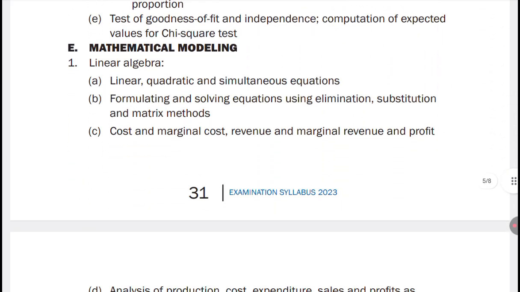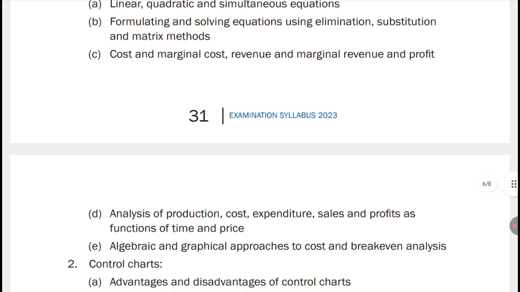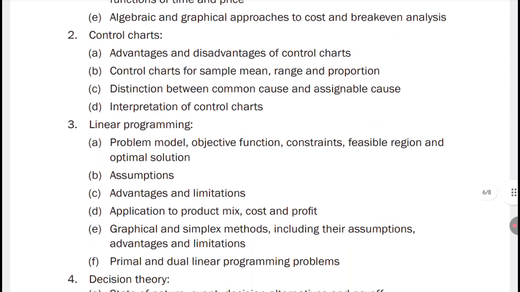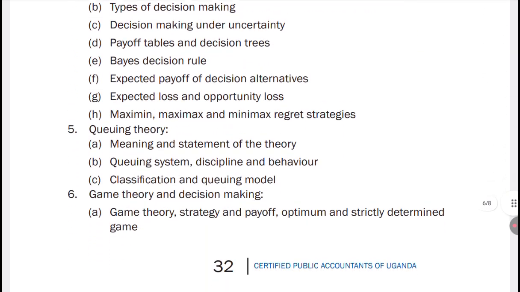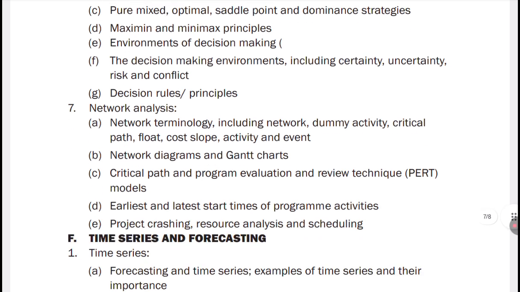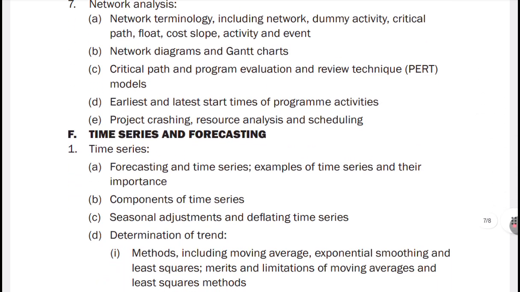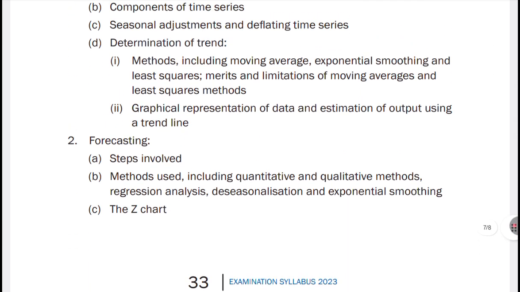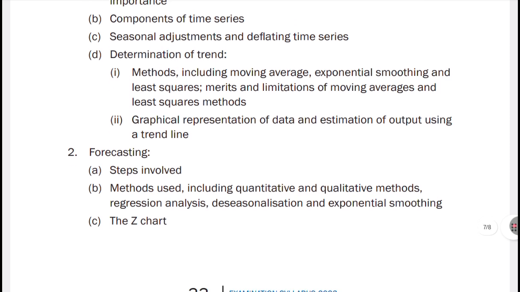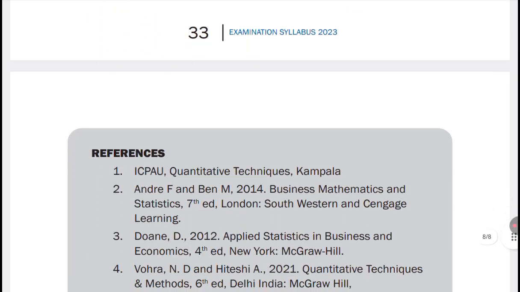So we look at chapter E, that deals with mathematical modeling, where we shall have things to do with linear algebra, calculus, and other stuff as we shall see them. So part F, or chapter F, is where we shall look at time series and forecasting, where we shall be looking at time series analysis plus forecasting.